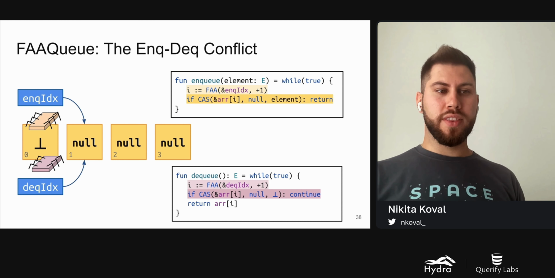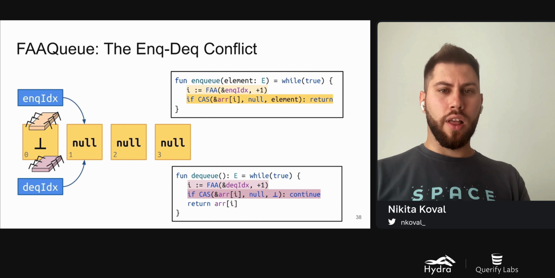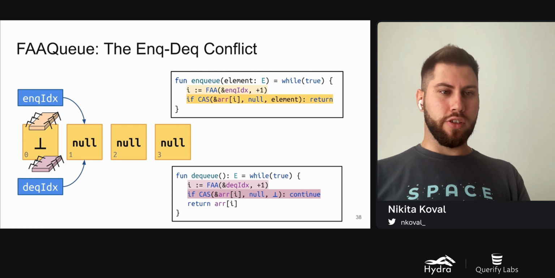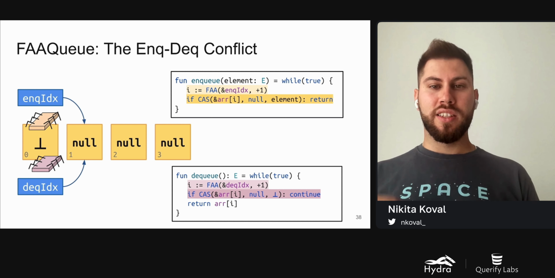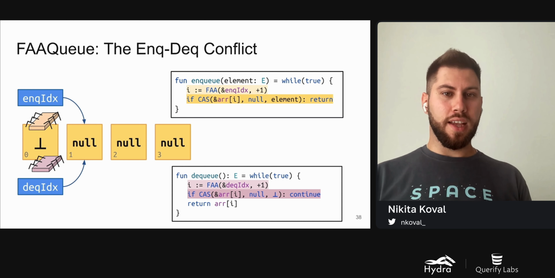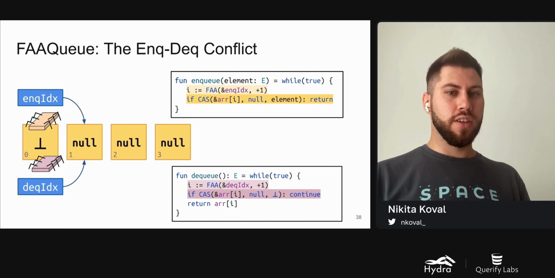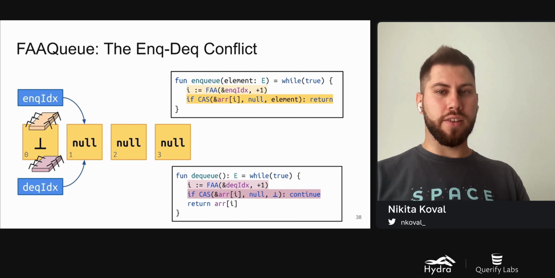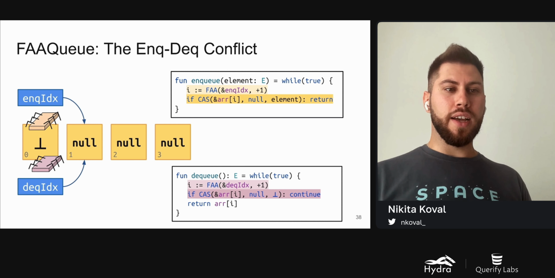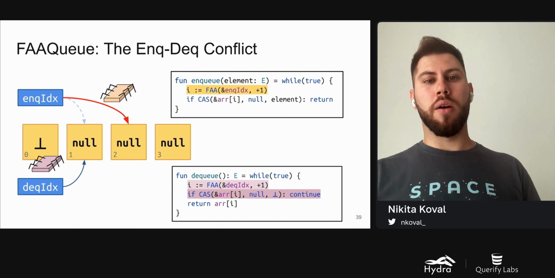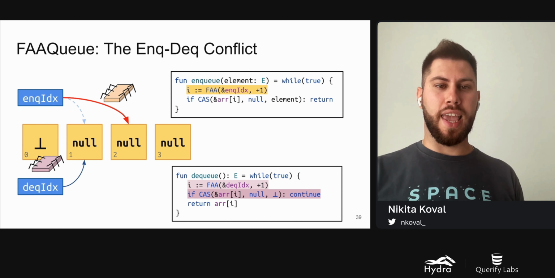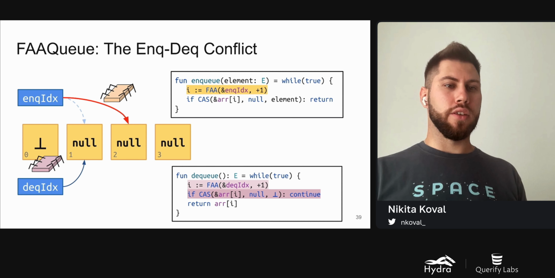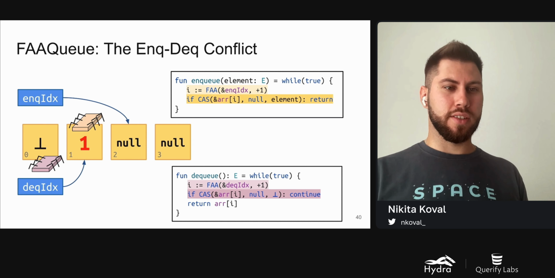After that, when the yellow thread comes to the cell, it sees, oh, it's already poisoned. The corresponding CAS that tries to install the element fails, since the cell is no longer in the empty state, and thus the yellow thread must restart. So it restarts, increments the enqueue index again, and puts the element successfully.